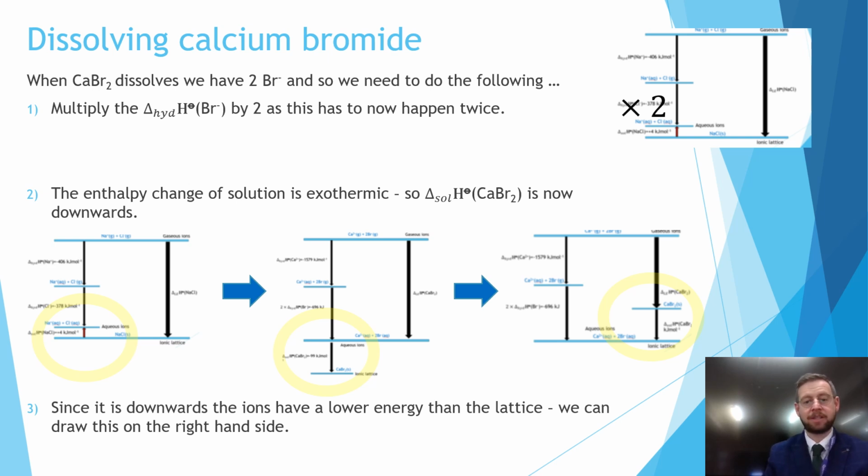So instead what we do is we move the enthalpy change of solution to the right hand side so that we can actually see that having lost the energy, it then goes down to the ionic lattice, and that gets the arrows pointing the right way. Let's see that as a proper example, and you will be able to understand what I'm saying.